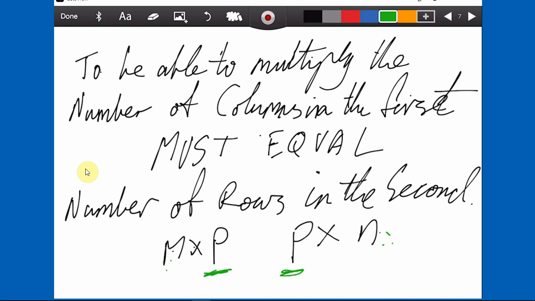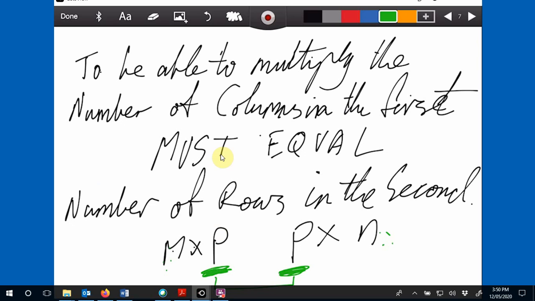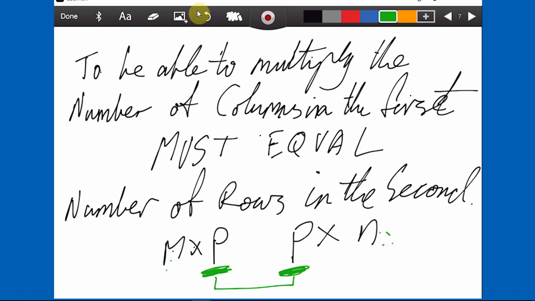They can be whatever, but the key is for multiplying, those two have got to be the same. The number of columns in your first has got to equal your number of rows in your second. All right, so when that's the case, then you can multiply away to your heart's content.